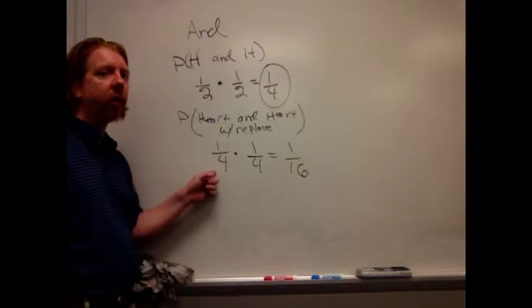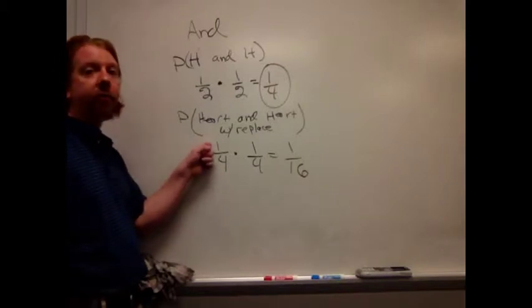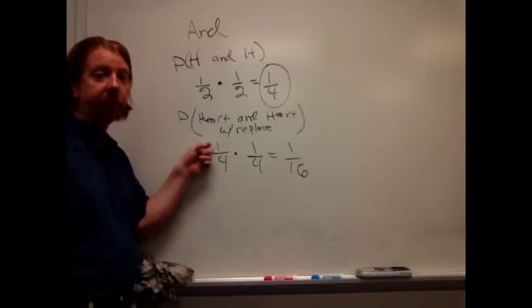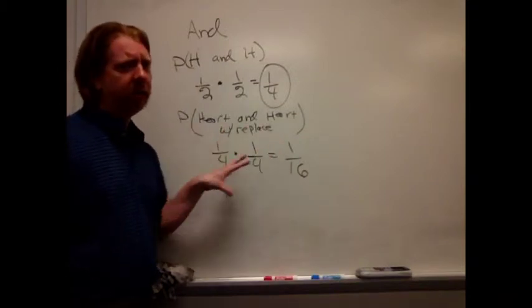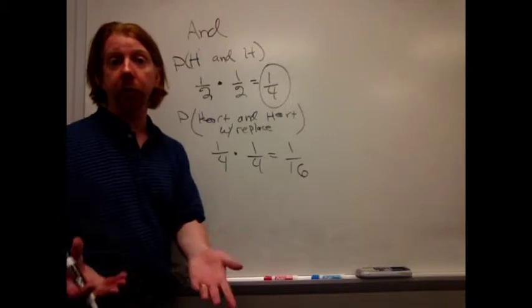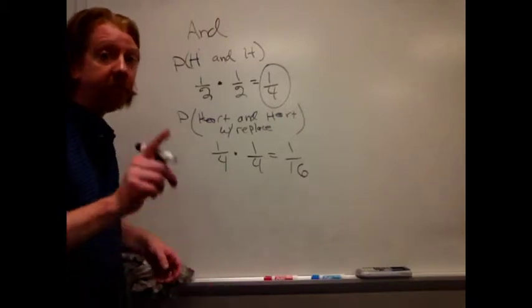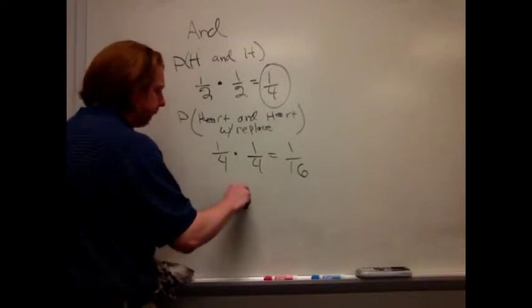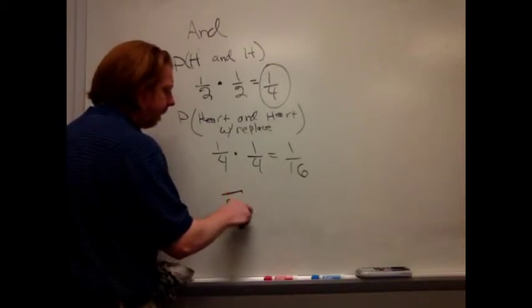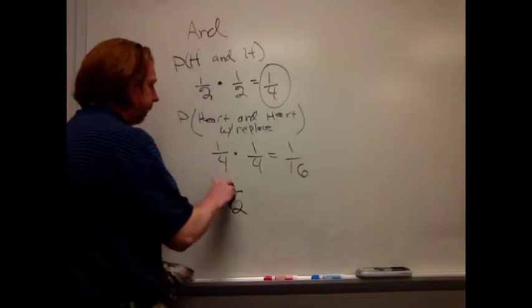Now, where does the 1 in 4 come from? Well, there is 1 suit out of the 4 suits that is a heart, and there are a total of 4 suits in the deck. If you're still a little fuzzy on the whole probability when it deals with cards, let me rewrite that slightly different, make it a little more obvious. In a standard deck of 52 cards, there are 13 hearts.